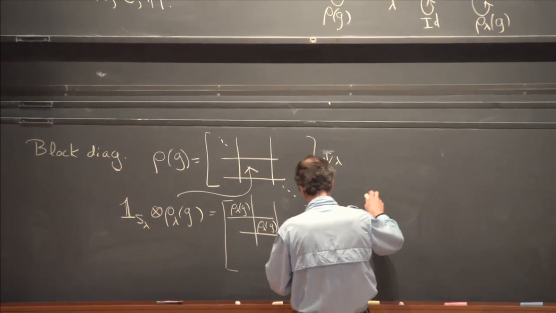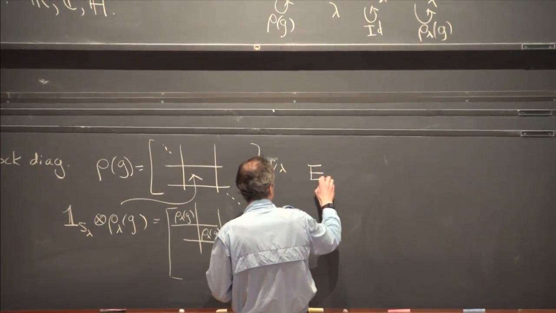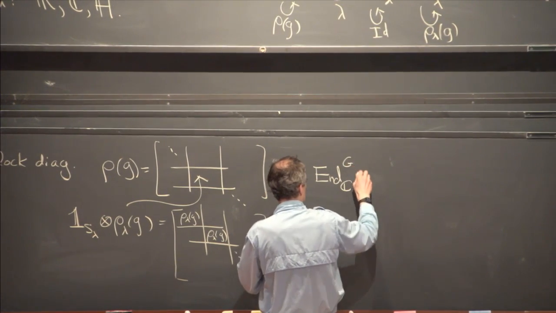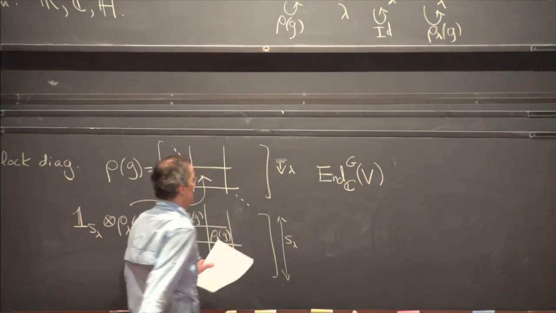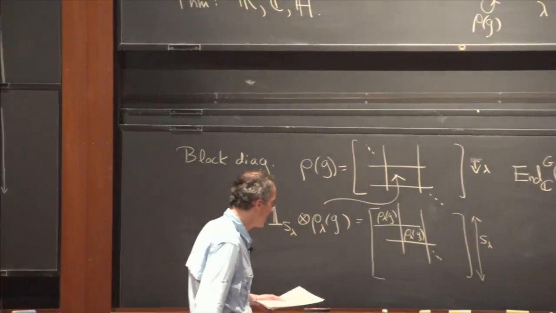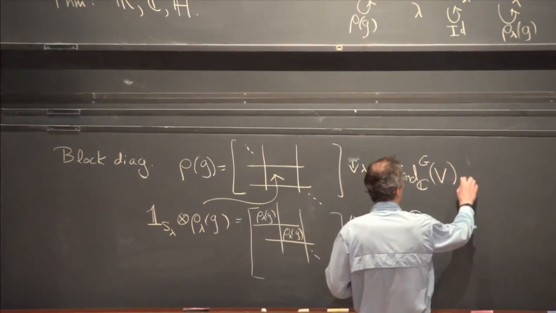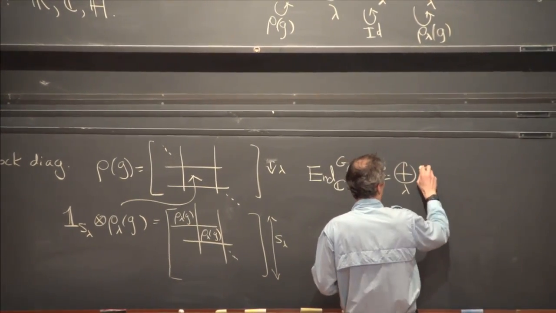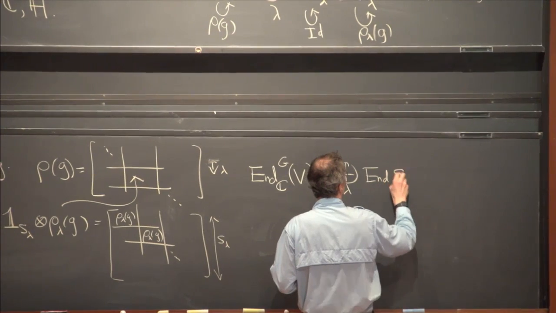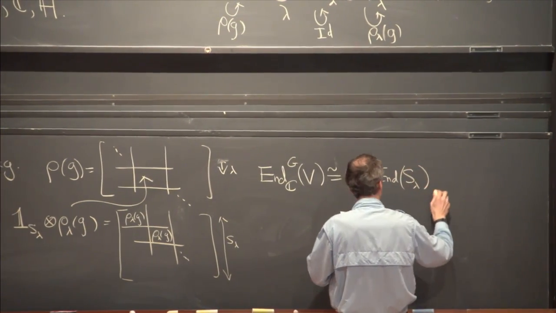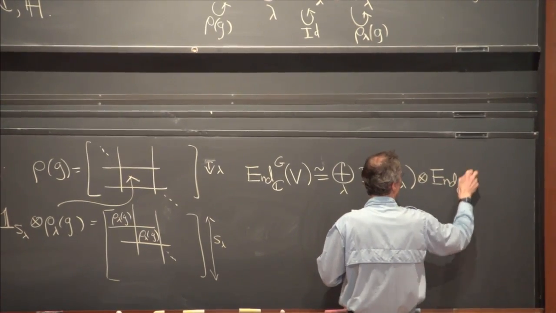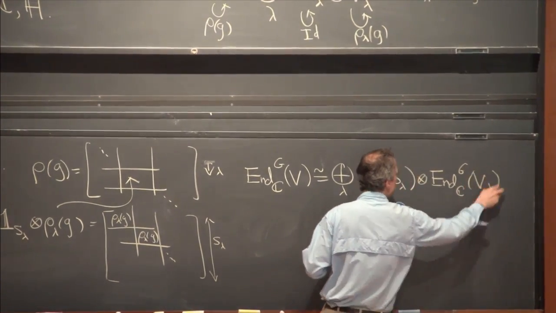And so what we can say then is that the space of intertwiners of V with itself is a direct sum over lambda of arbitrary matrices on this vector space of degeneracies, tensor the intertwiners on V lambda.